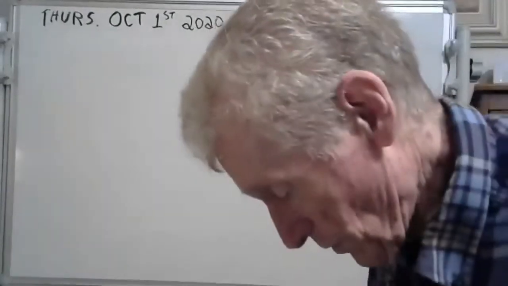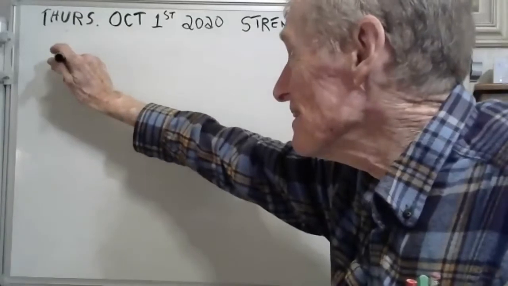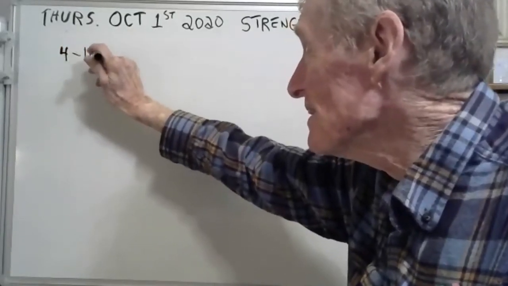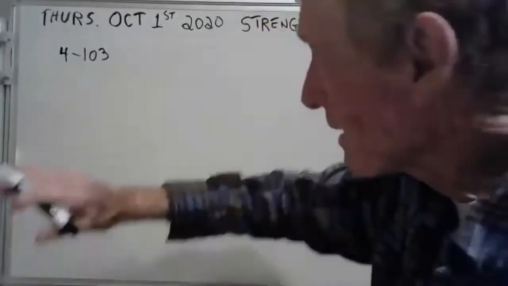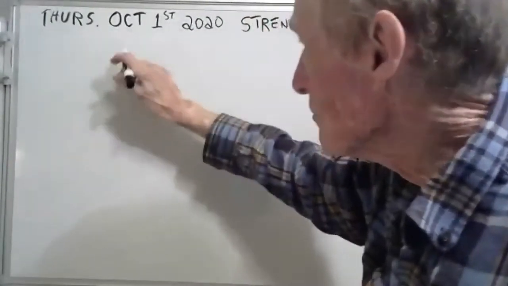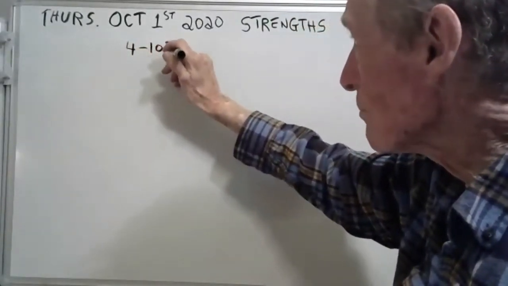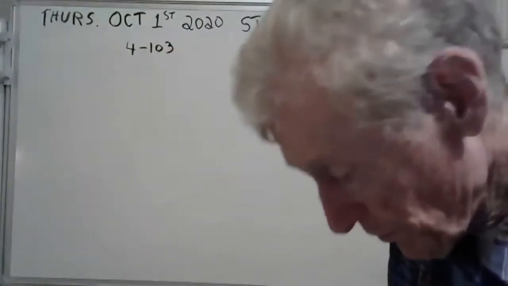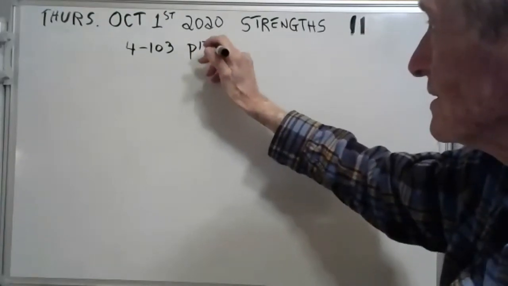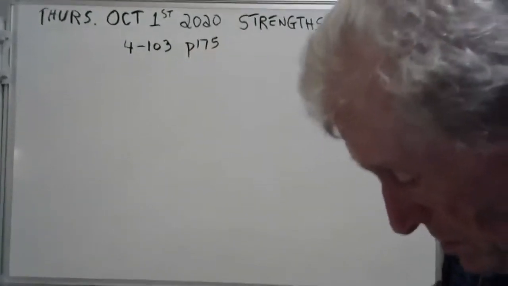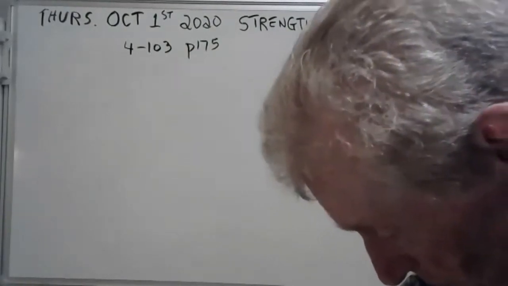This is problem 4103. There's a black rectangle on my board there. Let me write this where it doesn't get in the way of that black rectangle. 4103, and it's on page 175. And what they have is aluminum and steel again.